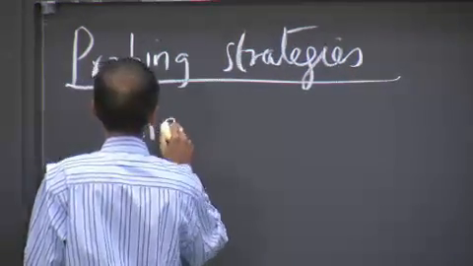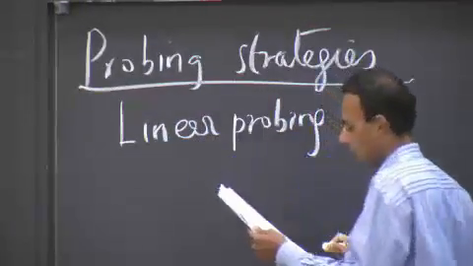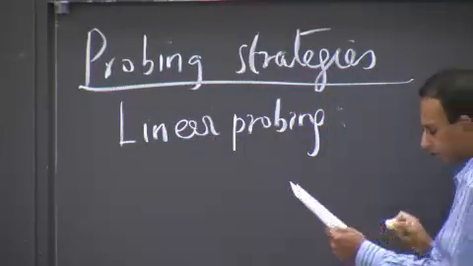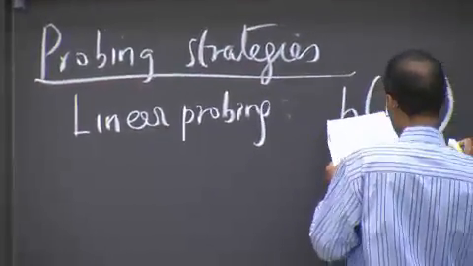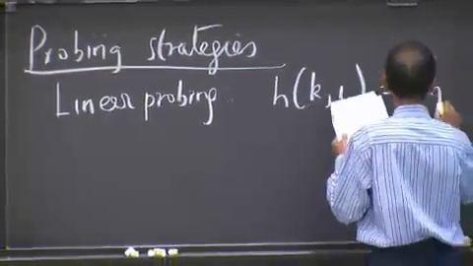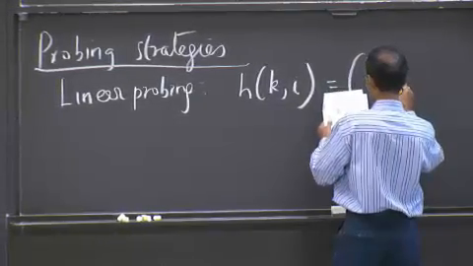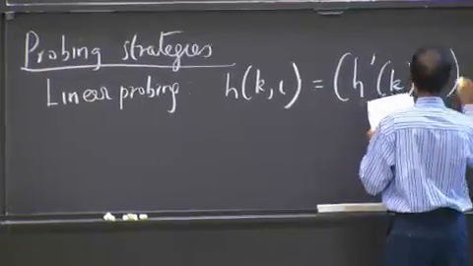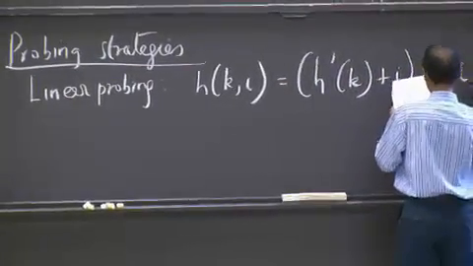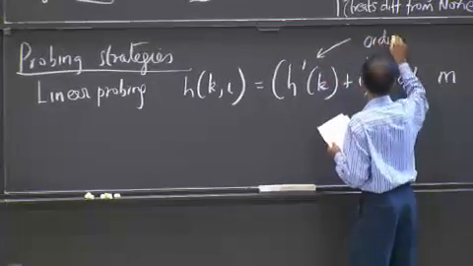So the notion of linear probing is that you do h(k, i) equals h'(k) plus i mod m, where h' is some hash function that you've chosen, an ordinary hash function.